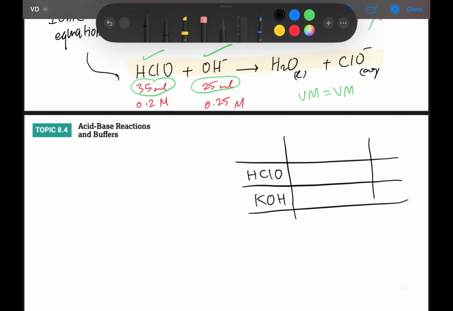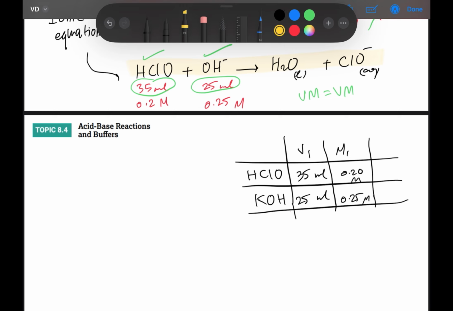Their initial volume was 35 milliliters for the acid and 25 milliliters for KOH. Their initial molarity was 0.2 for hypochlorous acid and 0.25 molar for potassium hydroxide.